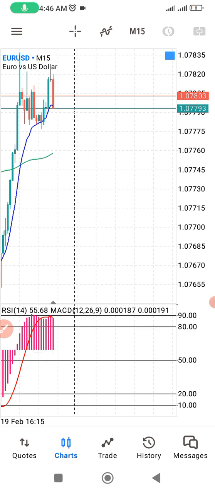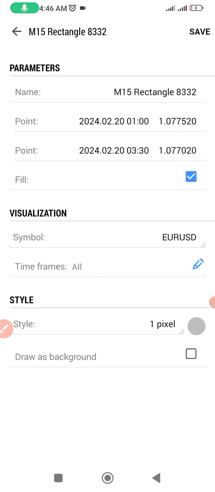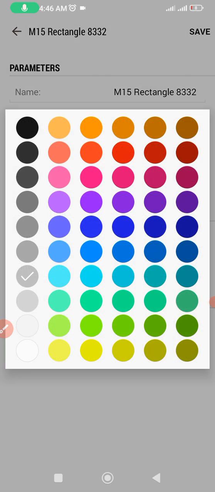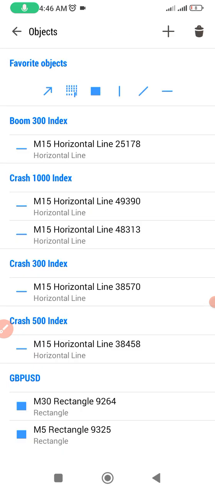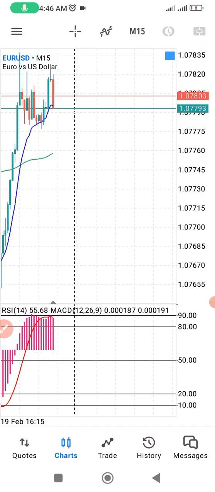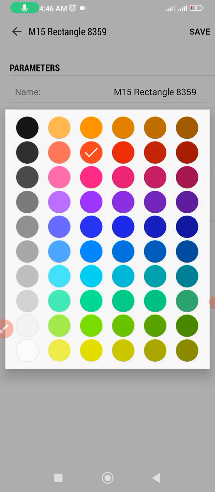We're looking at the pin bar and the engulfing candlestick. So let's look at what a pin bar is all about. What is a pin bar?